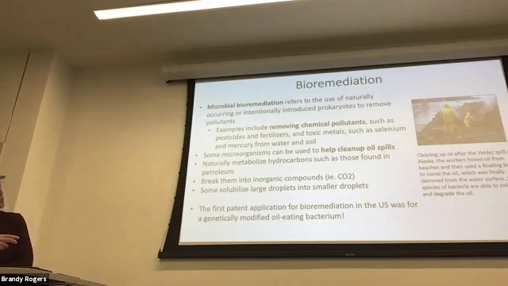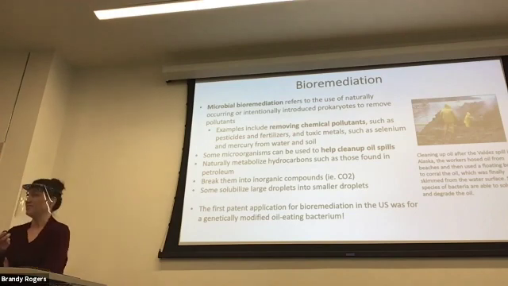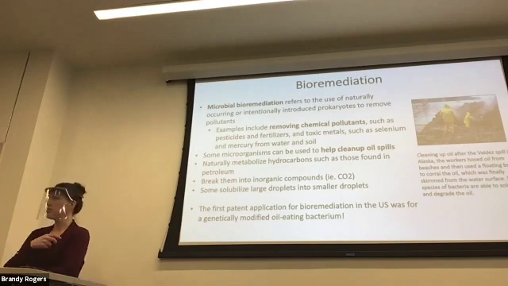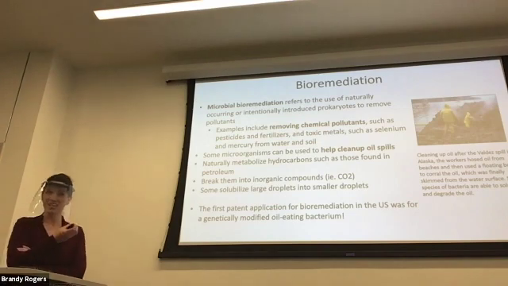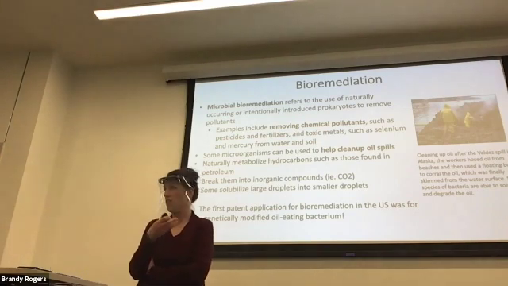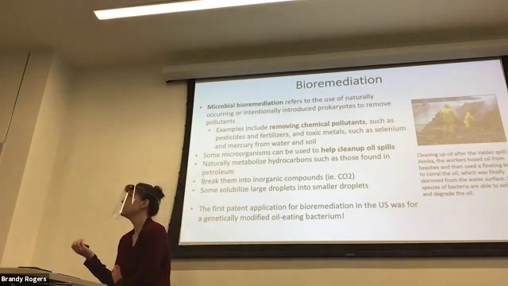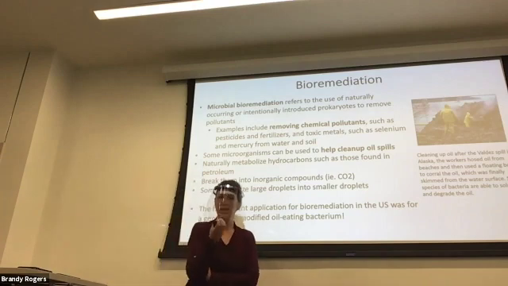Some good examples of doing this are things like taking pesticide and fertilizers, toxic heavy metals, and oil out of the environment. Okay, so there are different prokaryotes. Remember how we talked about extremophiles? So these guys are doing things. Bacteria, archaea, all these different species are doing things that seem counterintuitive to being healthy, right?